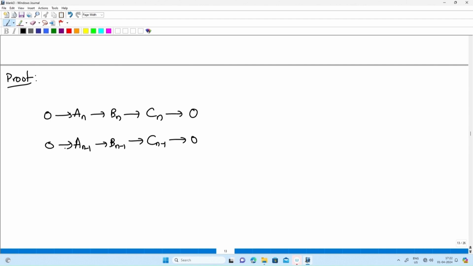And vertically what map do we have here? Let's call this an, let's call this bn, let's call this cn. These are the chain maps inside those chain complexes. Now I can take the kernel of this map an. What do we call this kernel?